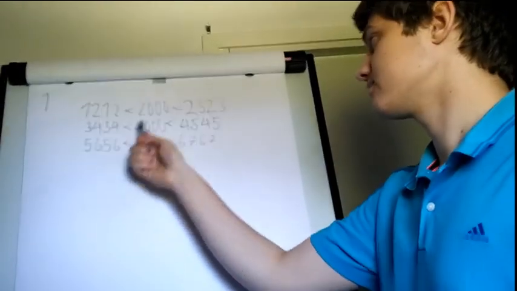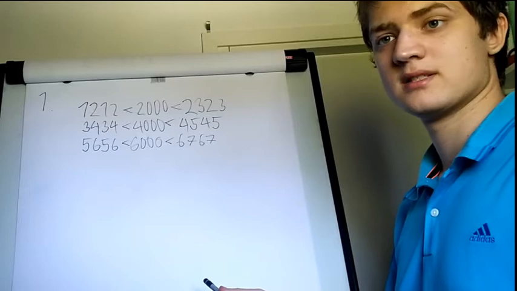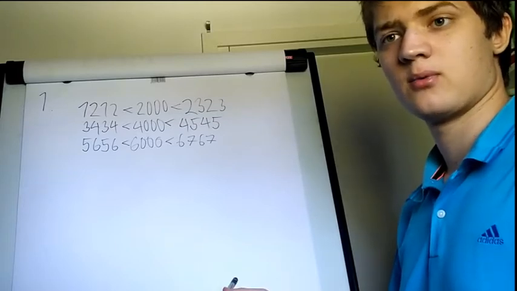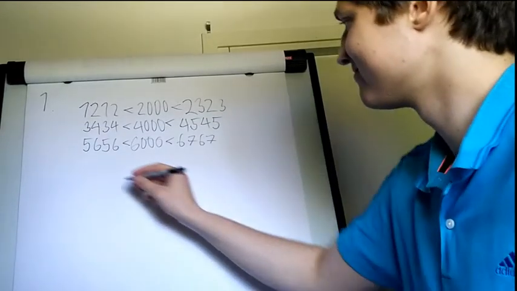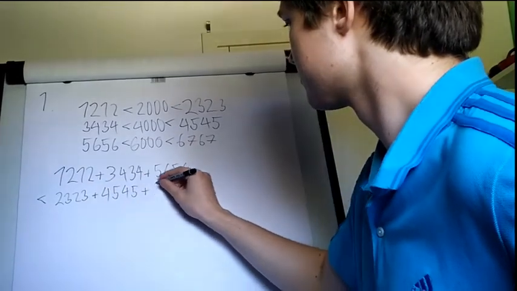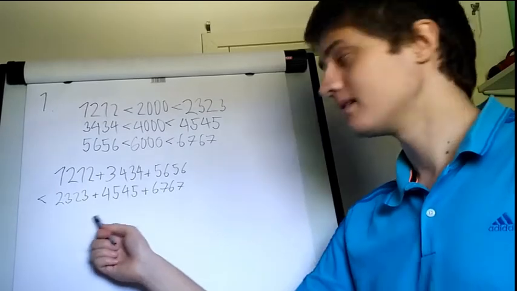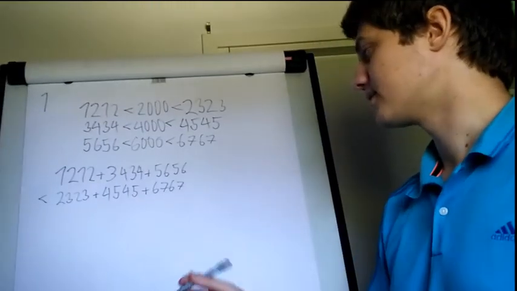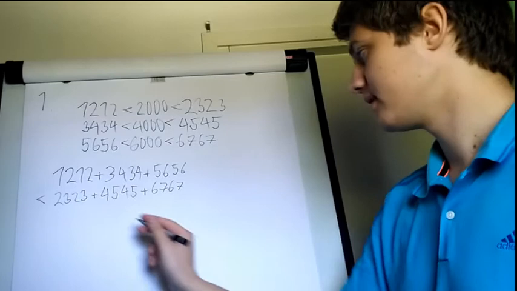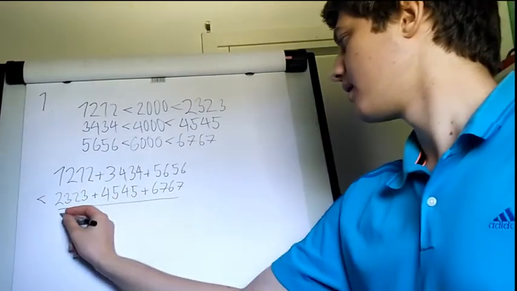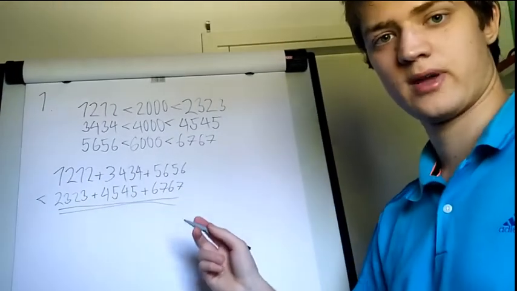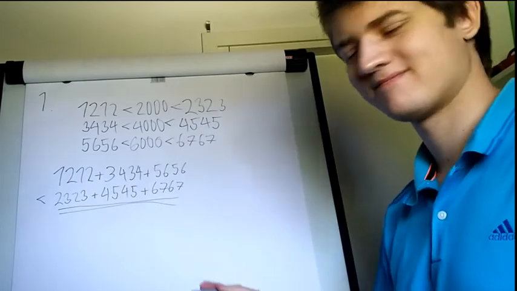And when we combine these results, sum them up together, we can come to the conclusion. And now we clearly see that the correct answer for question 1, which number is greater, is this one. And we are ready with problem number 1.